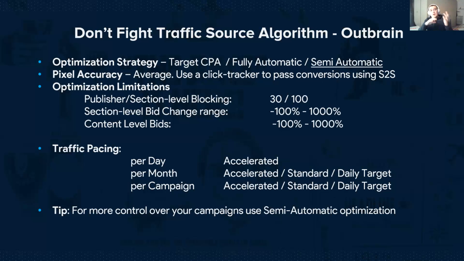Then on the optimization limitations, we have by default 30 publishers and 100 sections that we can block on each campaign. The limit is not suitable for this type of campaign, but as you get a few campaigns running with Outbrain and you reach the limit of blocking publishers, you can easily ask them to increase the limits for you.